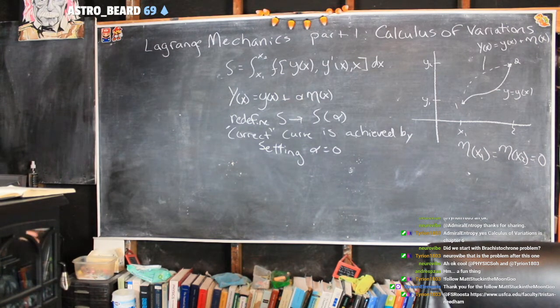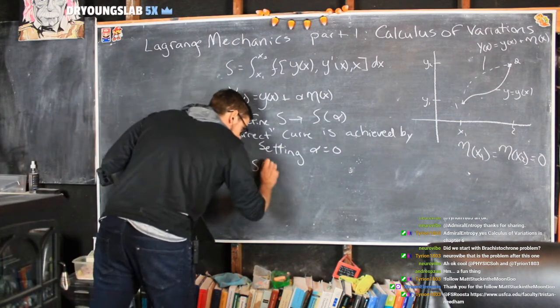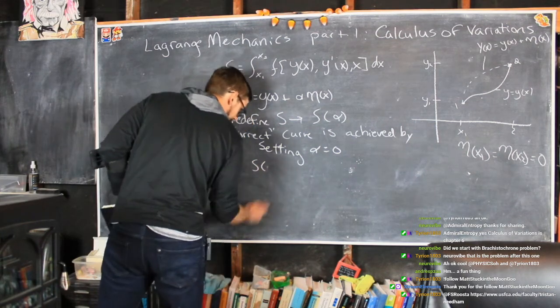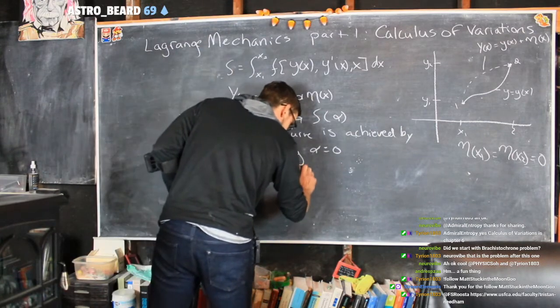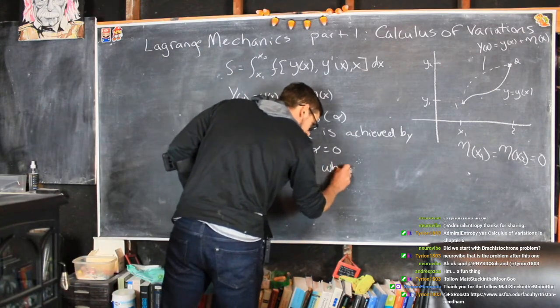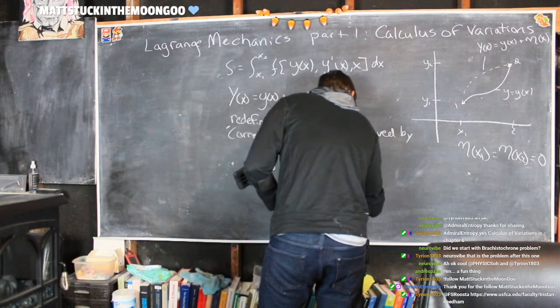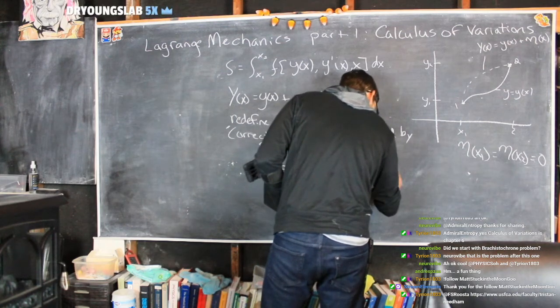So this is to say the following. If we require that S is going to be the minimum for the correct curve, then we know that S of alpha is equal to the minimum when, back to calculus, this is the fun part, we're going all the way back to calculus, dS/d alpha is equal to 0.